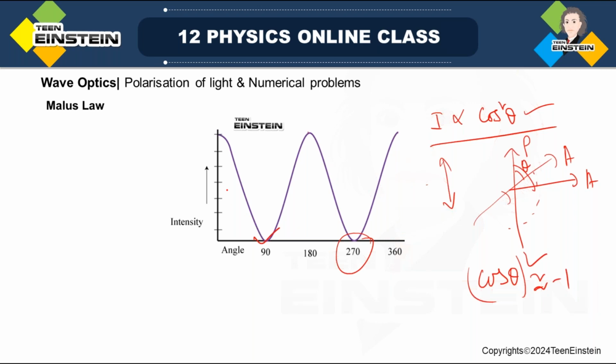There will be a question in the NEET paper, I have seen, where this graph is directly given along with 3 other graphs, and you have to choose the correct answer. So you can remember this formula, which comes from this mathematical derivation.